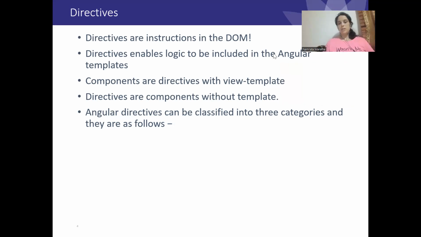Directives enable logic to be included in Angular templates. Components are directives with view templates. So components are also one kind of directive, but they are associated with a template view. Whereas what we call directives, which we create using the directive annotation, those are without the template. There is no HTML template associated with it. It directly manipulates the host element in which that attribute is placed.